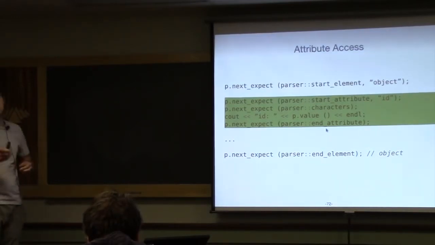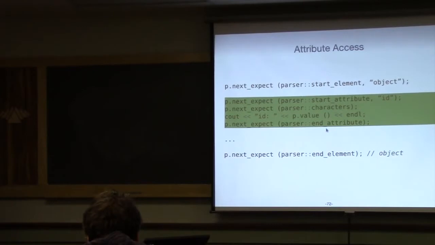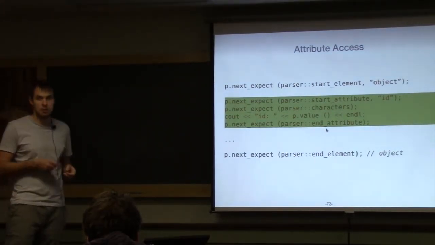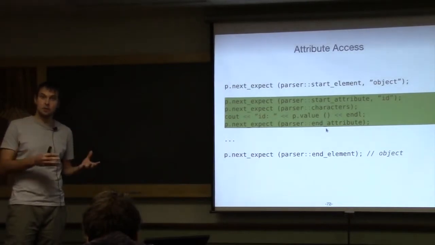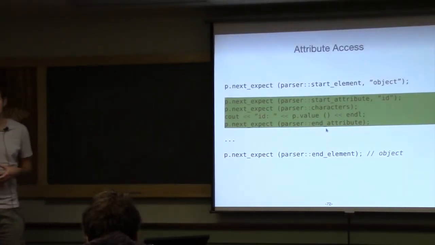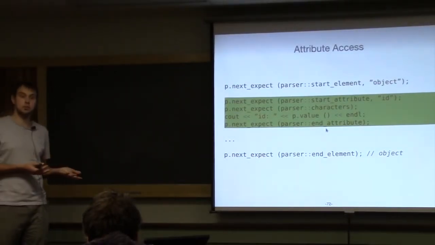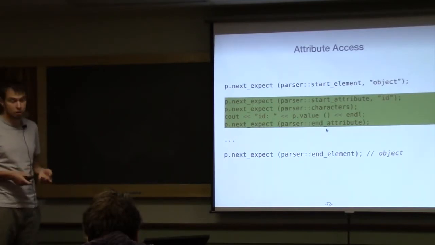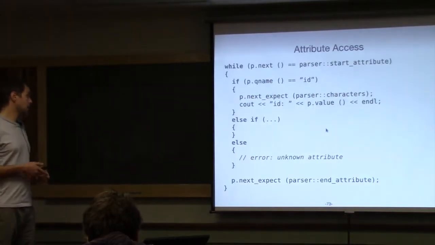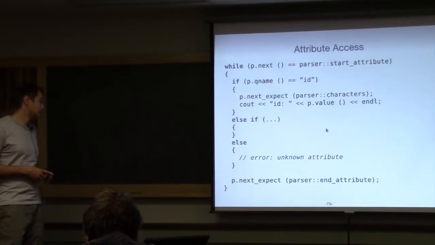I'm getting to that. So the question was, are the attributes ordered? And the answer is that that's exactly where I'm going. Currently, our object has only one attribute, but if we have several, then in XML, the order is arbitrary, which means we have to be prepared to handle them in any order. And that complicates our code quite a bit.